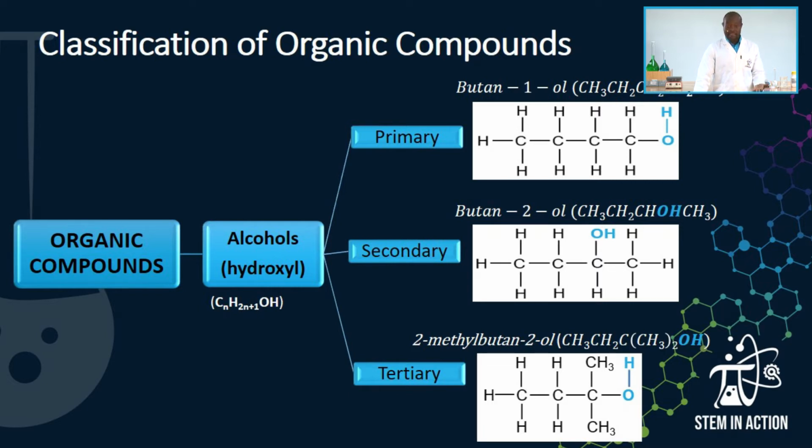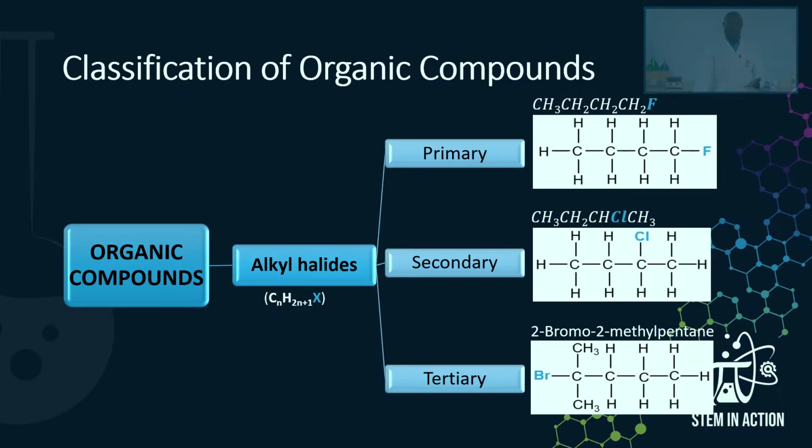And we can also look at it, like I said, in terms of hydrogens. And here we'll notice that the carbon is bonded to 2 hydrogens. Here it is bonded to 1 hydrogen, and here it is bonded to no hydrogen. So that's how we move from primary, secondary to tertiary.